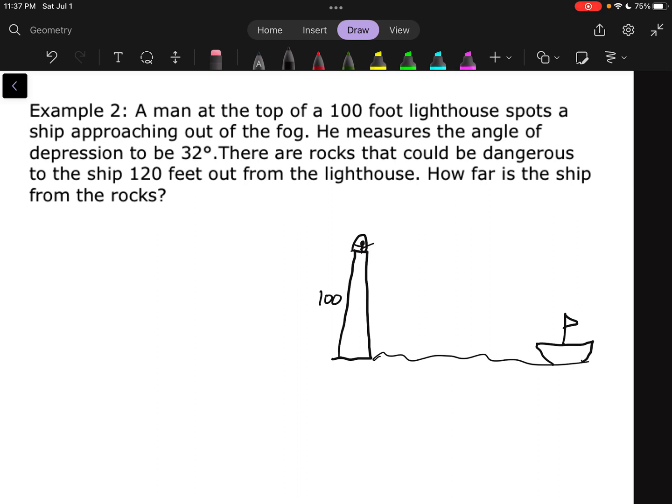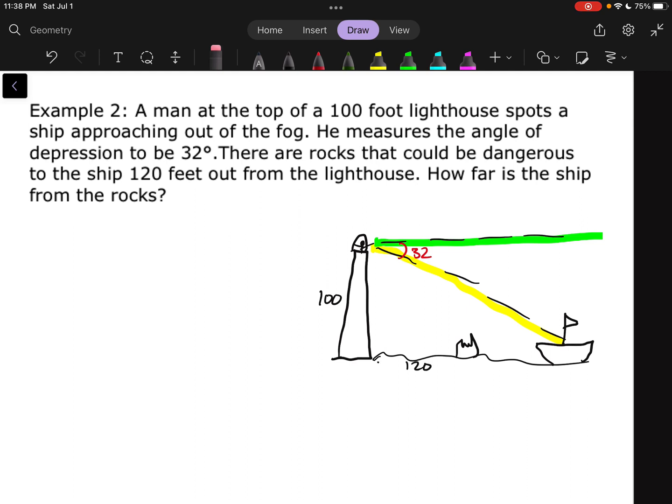Lighthouse is 100 feet, and he's looking at him with that line of sight. Measures the angle of depression to be 32 degrees. So here's our 32. There are rocks that could be dangerous to the ship 120 feet out from the lighthouse. So here's some jagged rocks, and we know that the rocks are 120 feet from the lighthouse.